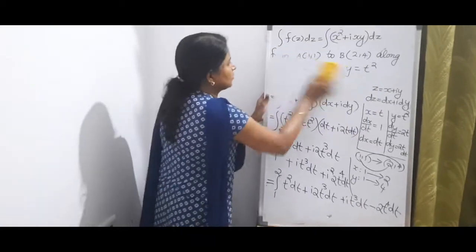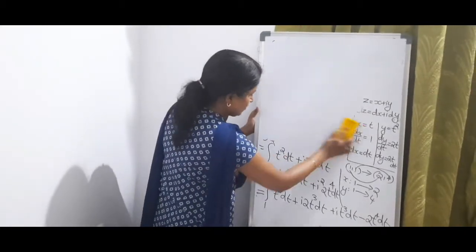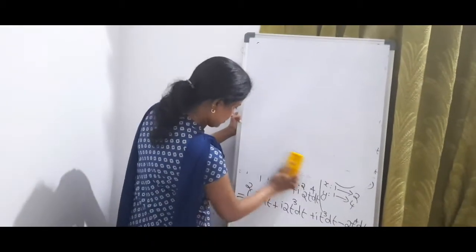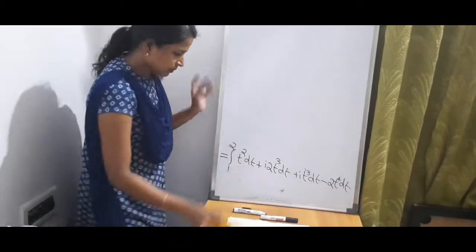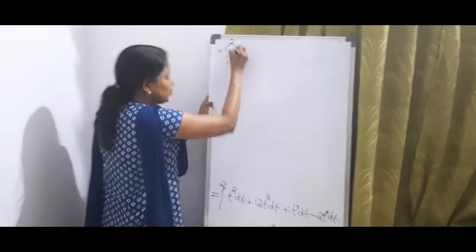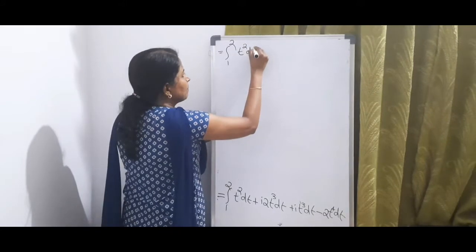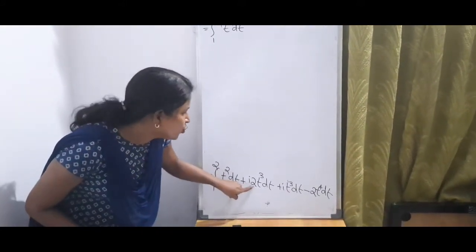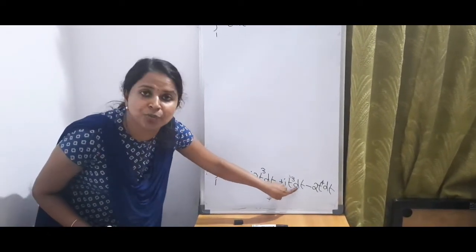This is the integral from 1 to 2 of t square dt.